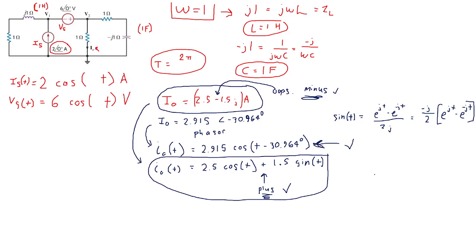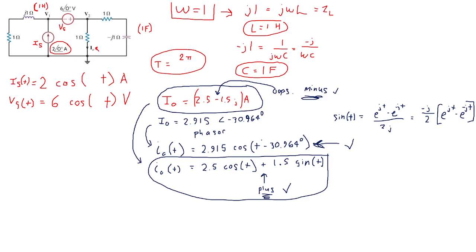But what's nice is we don't need to declare that omega is 1. We know that IO is a sinusoid. We do have 2.915 amperes, and the phase angle is minus 30.964 degrees. The value of omega just determines what is in front of the t. It determines the period of the thing.